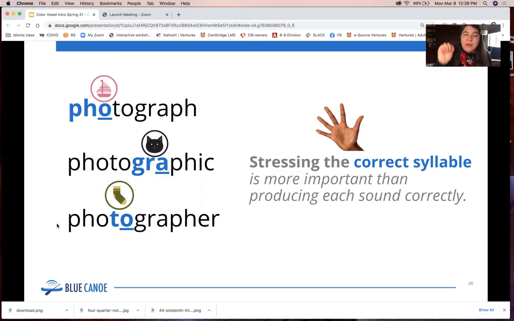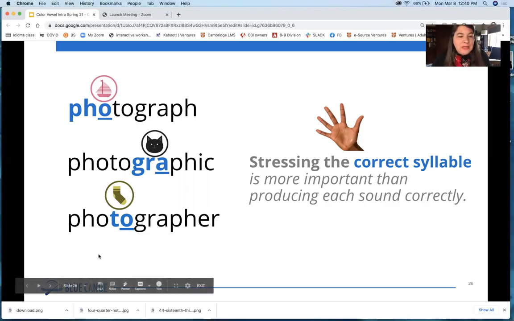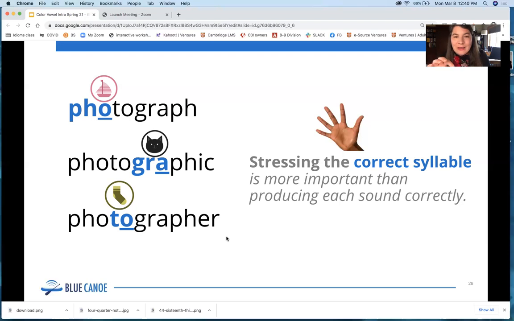And the job, olive sock, photographer, photographer. Stressing the correct syllable is more important than producing each sound correctly. This is important. You don't need to pronounce every syllable perfectly. The stressed vowel sound is the most important for being understood.